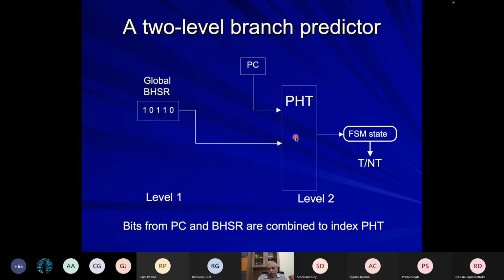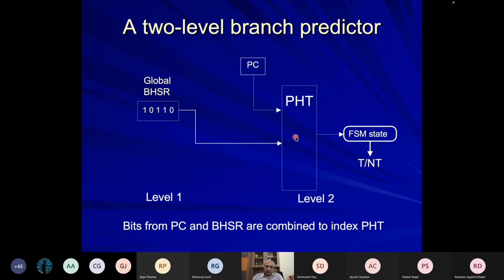So people would go for that 10% improvement by putting all this hardware. It might look like too much hardware for too little improvement, but real machines have this.